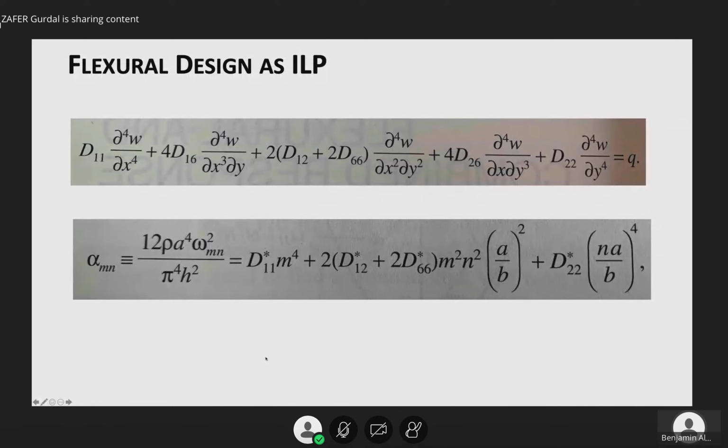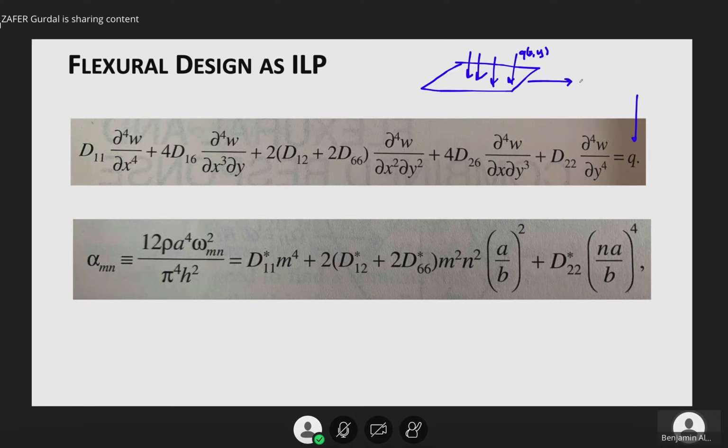And if you look at the flexural design problem, basically we can have two of them. The first is a laminate under an out-of-plane load Q, which we will express, and which is typically a function of the x and y coordinates.